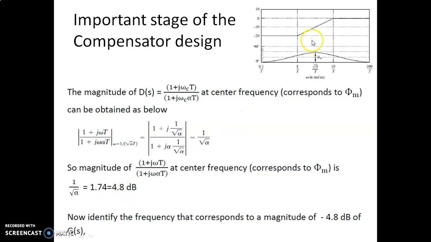Since this phase lead network is adding a magnitude of plus 4.8 dB, we have to ensure that our omega gc is at a point where this 4.8 dB is nullified by the original transfer function G(s). Now try to identify the frequency which corresponds to a magnitude of minus 4.8 dB of G(s).